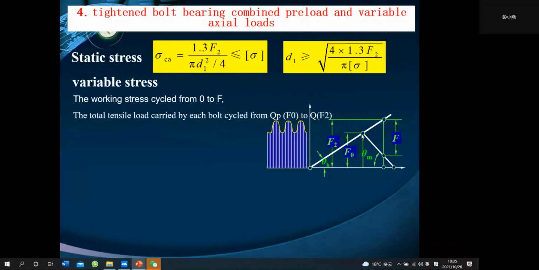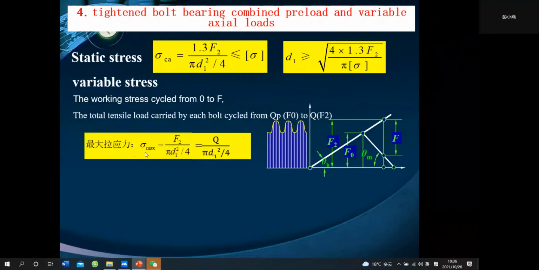F0 is the preload and F2 is the actual force acting on the bolt when the external axial force is F.